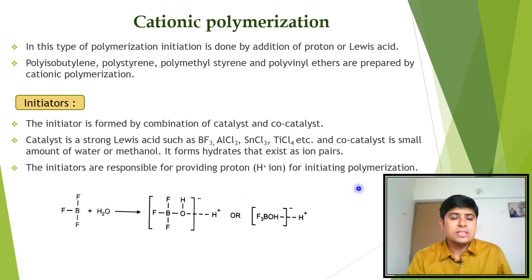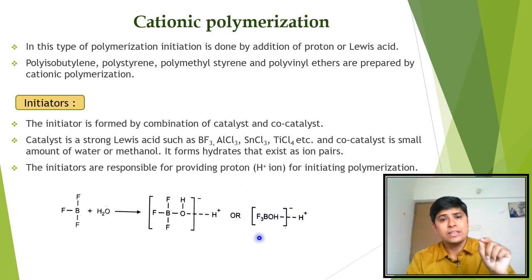Here BF3, a Lewis acid, combines with a water molecule to form this type of species. It is a hydrate that exists as an ion pair, so there is a cation and there is an anion. These ion pair species will initiate the first step of polymerization.